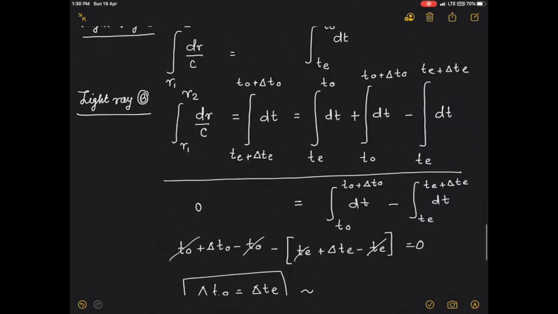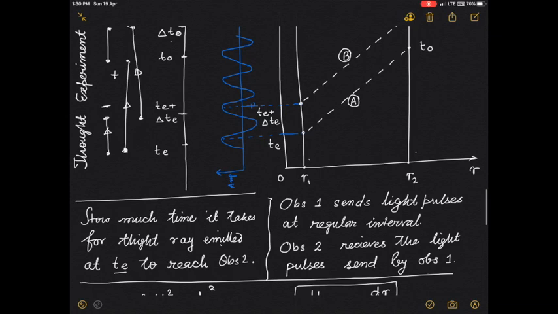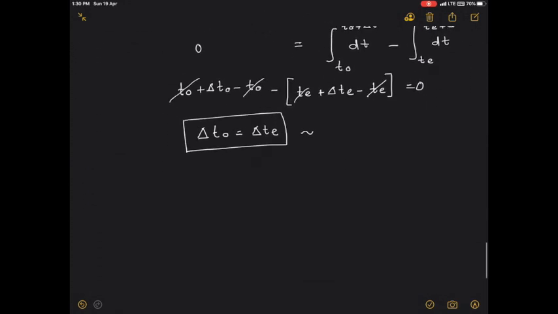So this time difference between the two successive maxima is nothing but the time period of the wave, right? So the time period of the wave for observer 2 is the time period of the wave for observer 1.